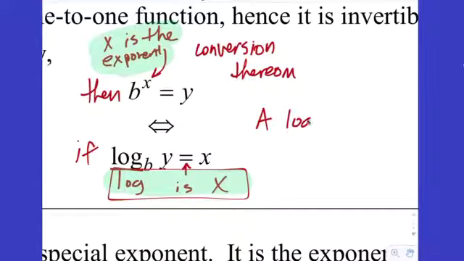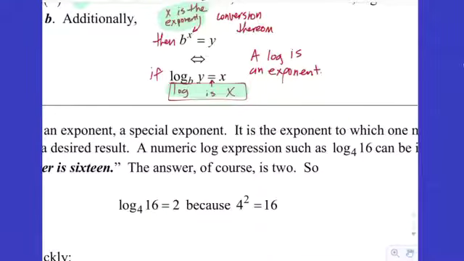A log is nothing more than an exponent. But it's not an arbitrary exponent. It is the exponent to which you must raise the base of the log b to achieve your argument y. That's what a log is.